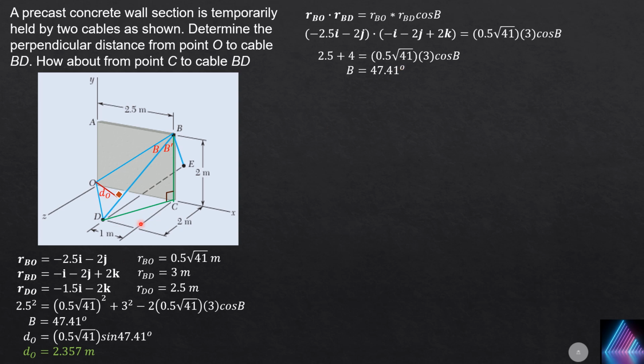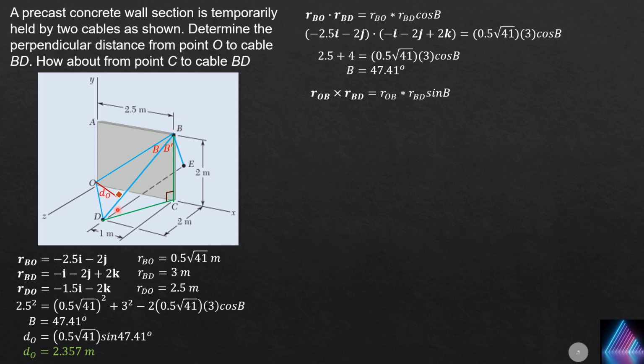Then for DO, let's apply this again, hypotenuse sine of B. Then next is by application of the cross product, ROB. So I choose B, ROB cross RBD.